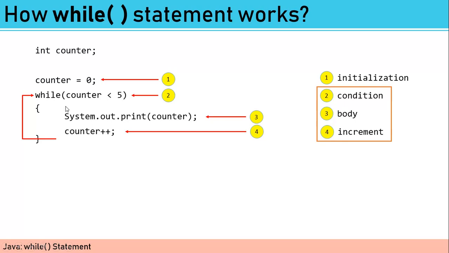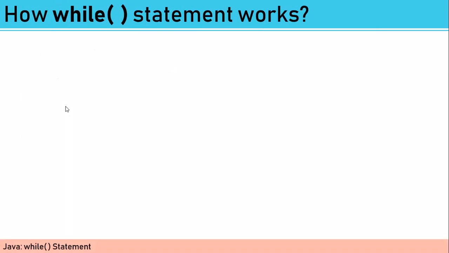And if finally the expression is evaluated false, the execution will proceed outside the while statement. Using this code, we will now try to simulate the actual values and how the output is displayed. So let's try now to simulate the following code.